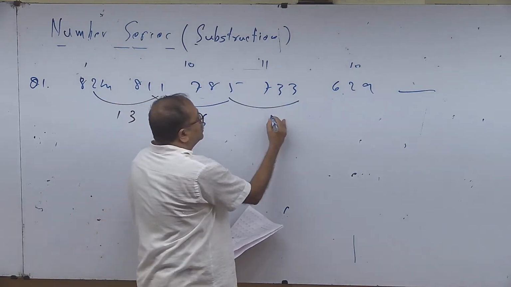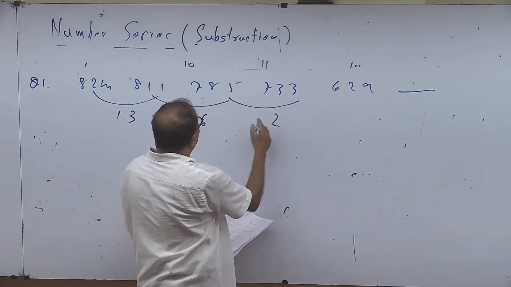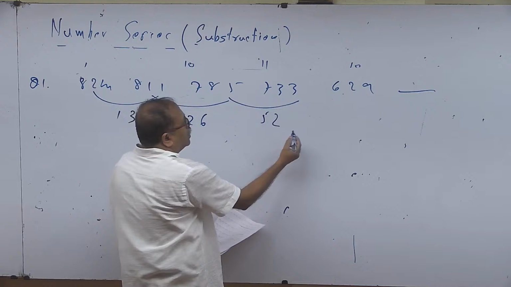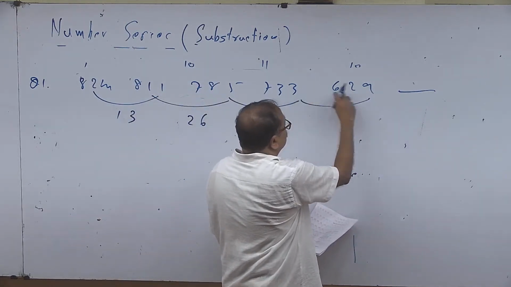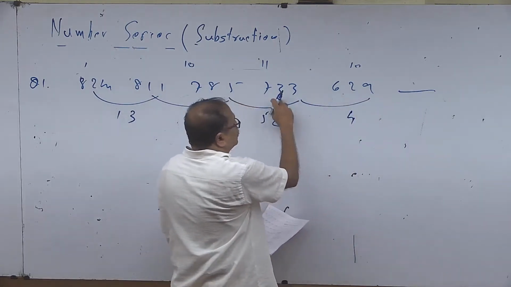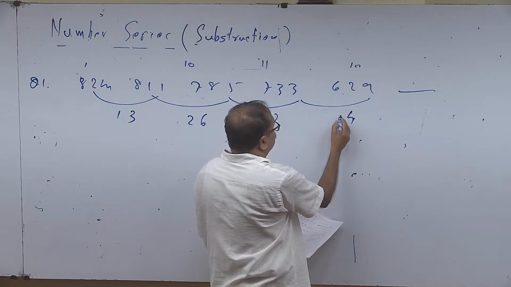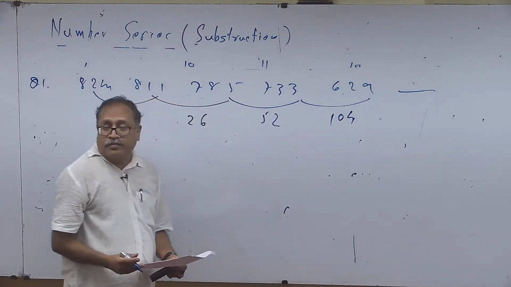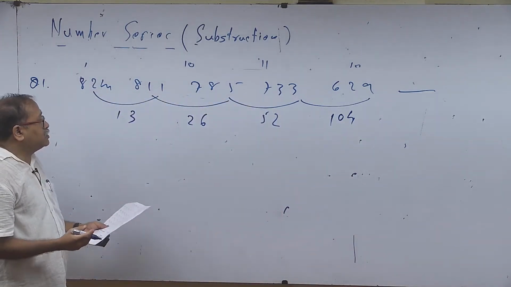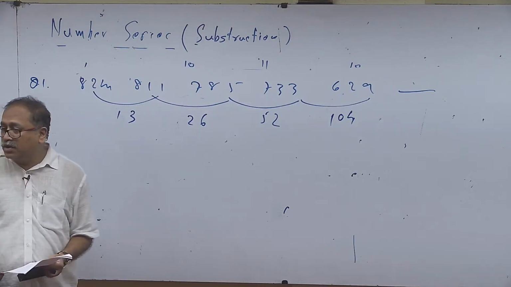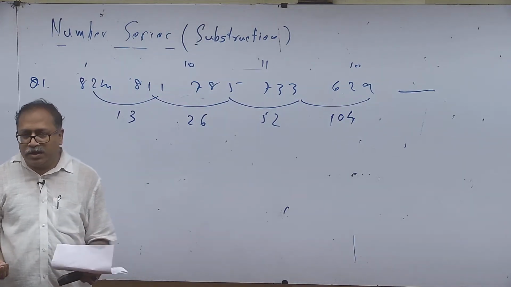Now from here to here, this is 2, and 8 minus 3 is 5. And from here to here, that's 3, that's 4, and 12, 2 minus 2 is 0, and 1. These are the numbers, and you can notice the relation from one to the other is very simple.